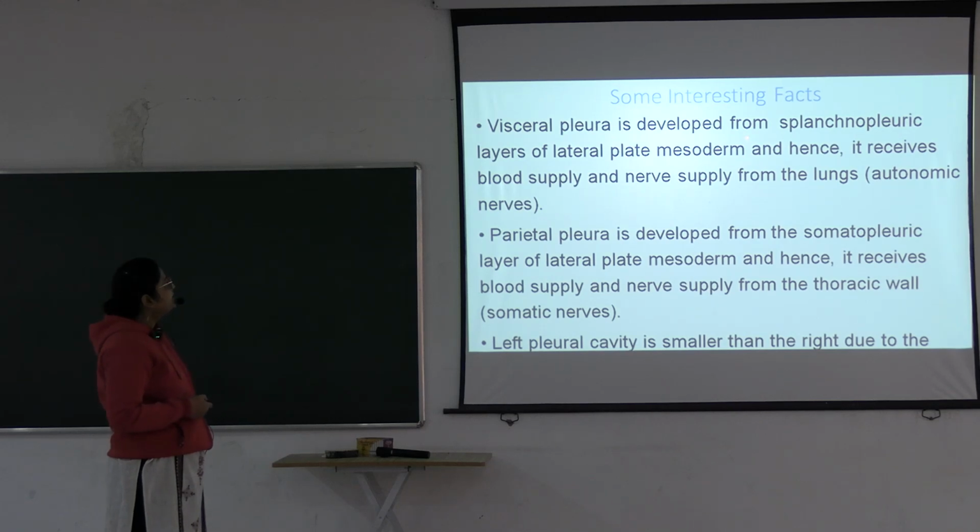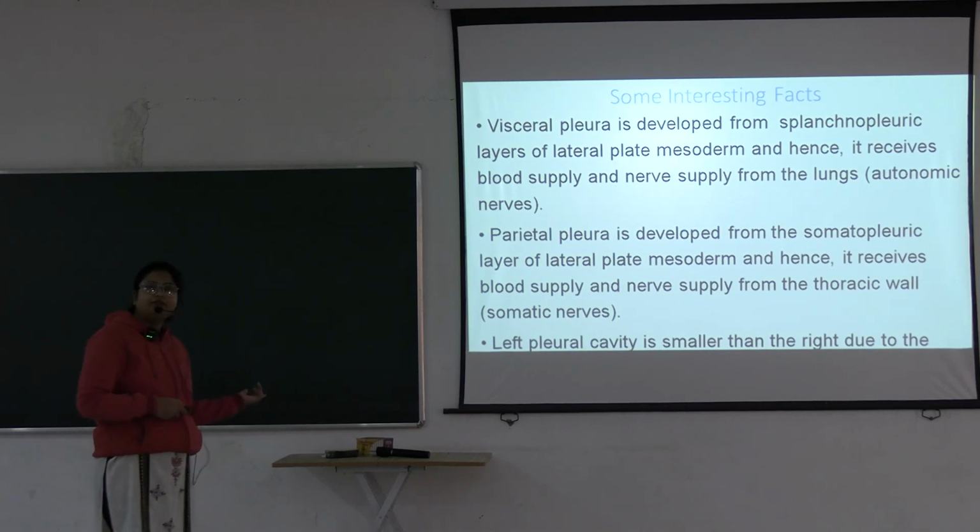Okay, visceral pleura is developed from splanchnopleuric layer of lateral plate mesoderm, and hence it receives blood supply and nerve supply from the lungs, that is autonomic supply. Okay, and parietal pleura is developed from the somatopleuric layer of lateral plate mesoderm, and hence it receives blood supply and nerve supply from the thoracic wall, that is somatic nerve.